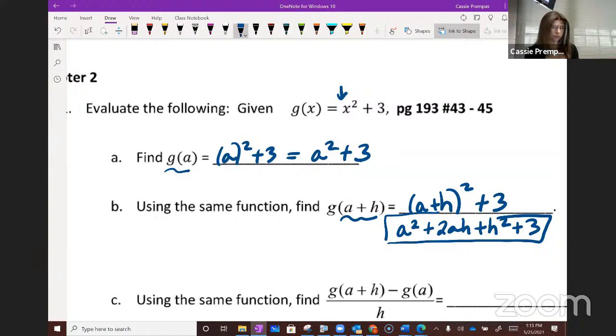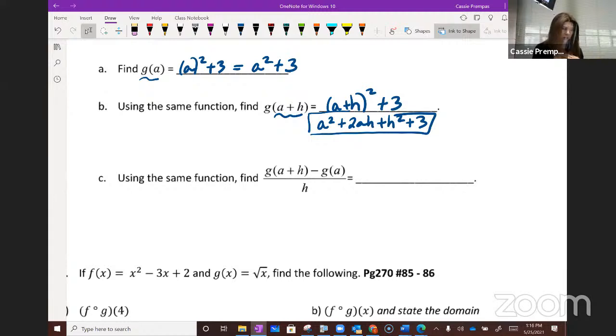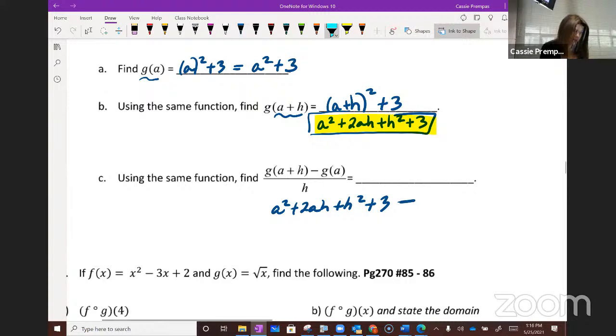Josh? Yeah. All right, letter C. Then we took outputs and combined them together. So we're asked to take g of a plus h's output minus g of a and divide it by h. So we're going to take g of a plus h, which we found to be this. We'll copy that down. A squared plus 2ah plus h squared plus 3. And then I have to subtract a squared plus 3. Should I put that in parentheses?